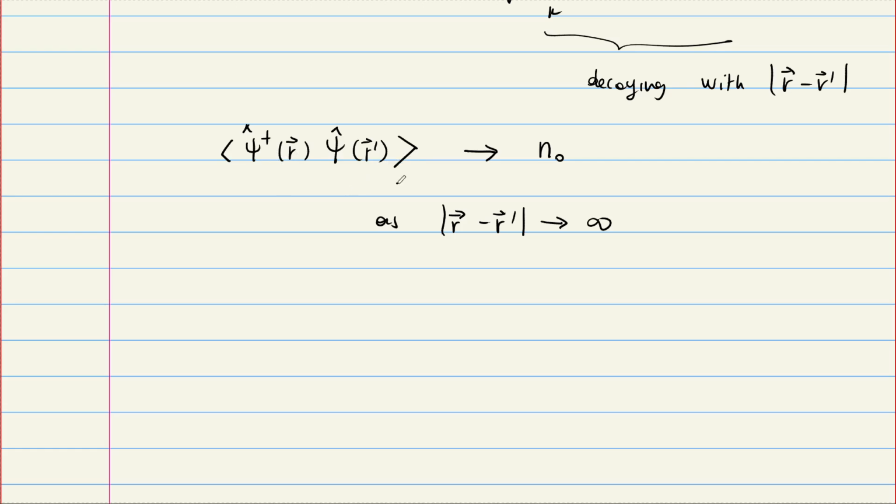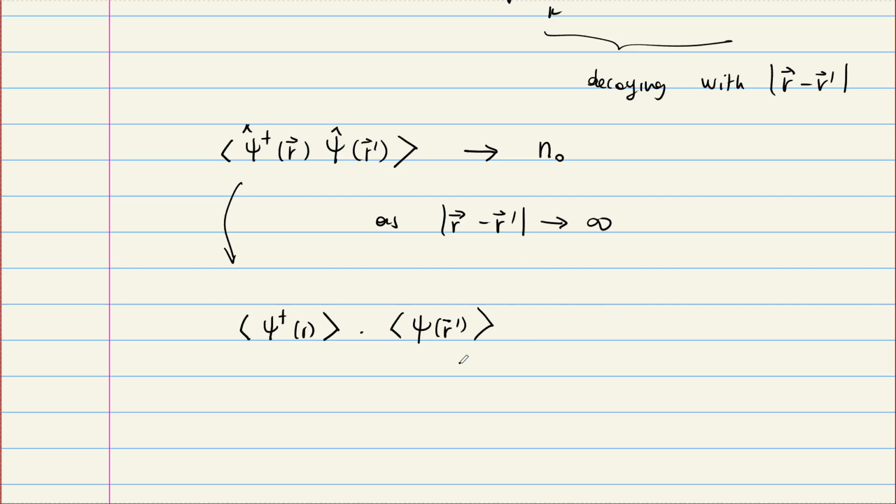So these are different objects. Then if that is the case, I can split the thing as expectation value of psi dagger at r and expectation value of psi at r prime, because r and r prime are very far apart. That's a reasonable thing to require.